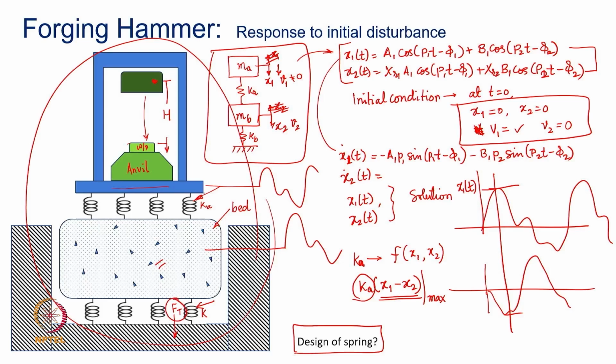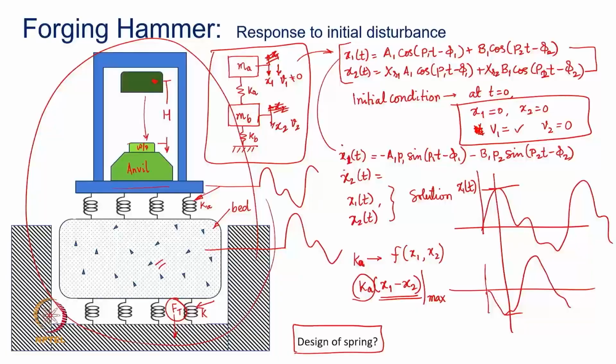Of course, that will be based on only the mass of the bed's motion. That means the displacement x2 will finally decide what is the force going into the ground. Okay, so we will have a very nice actual numeric example based on this particular practical case, and we will explore a little more than simply the spring design, which will be of interest and practical relevance, right.